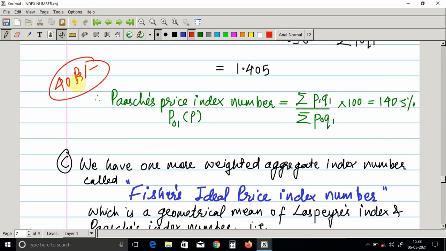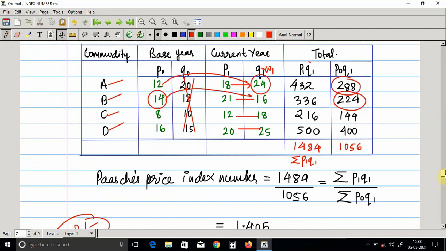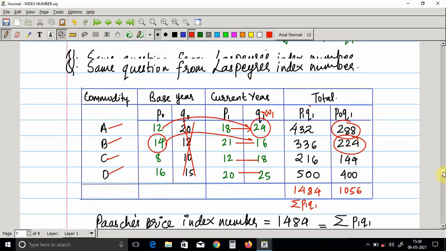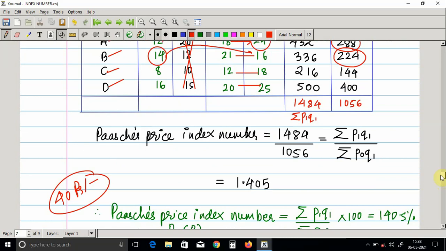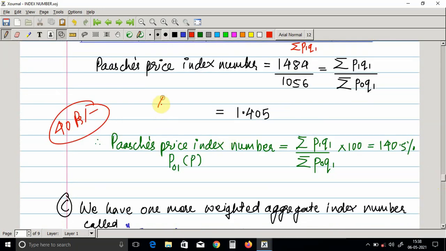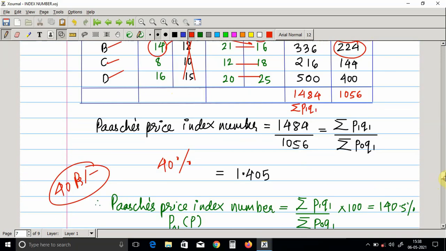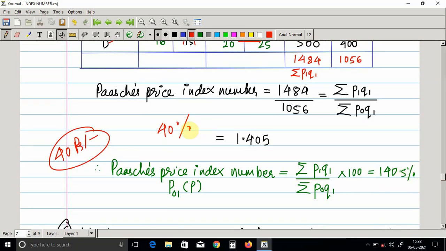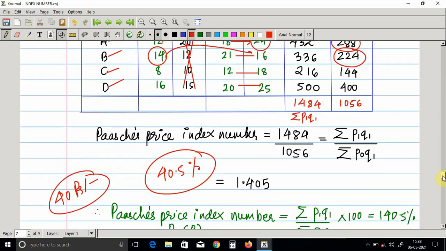So it says that you have to pay 40 rupees extra for the same quantities that you purchased in the current year. Or there is an increase of 40%. Actually 40.5%, I am missing this 0.5. So 40.5% is the increase, you can say the inflation.